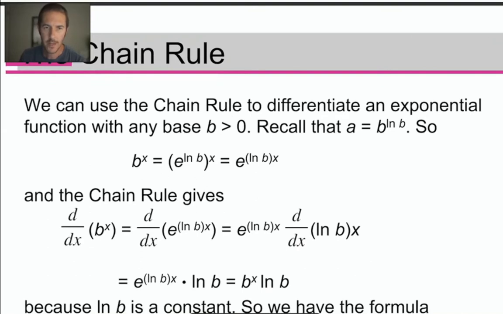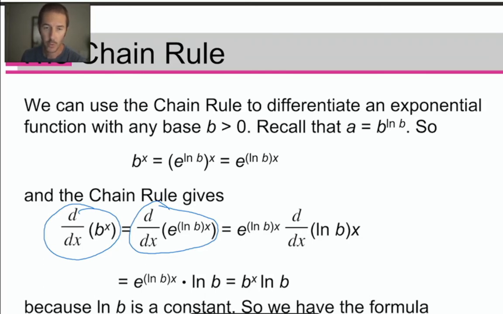And this is definitely a special case. Here we're taking an exponential expression like b to the x, and we are taking the derivative of it. So what the chain rule tells us is that if we're taking the derivative of b to the x, then that is equivalent to taking the derivative of e to the natural log of b times x.